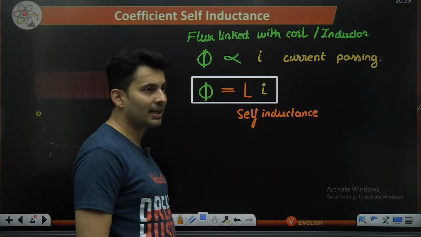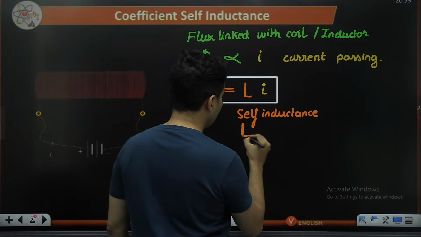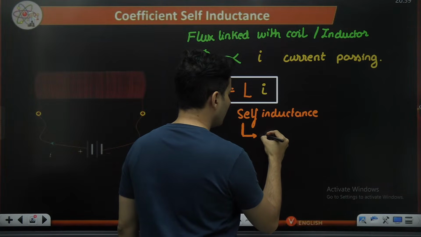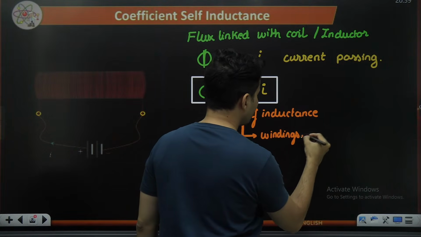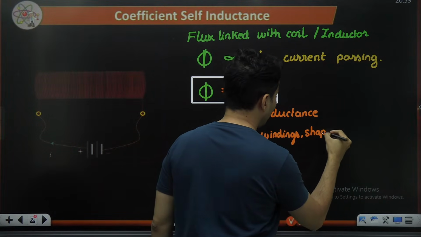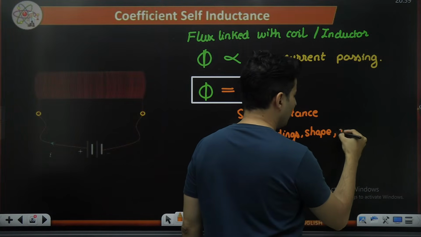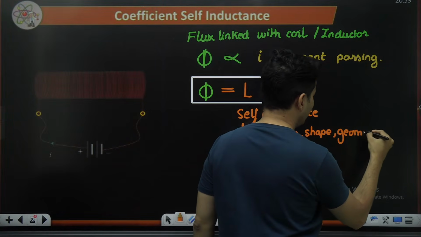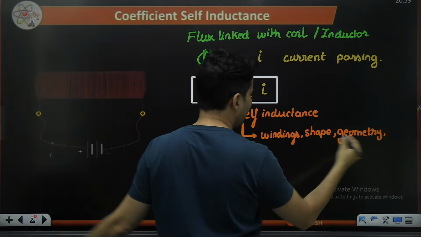It depends on the windings, how many windings are there, what is the shape, whether it is a circle, ellipse, or a square coil. Also the geometry of it, what is the length of it, what's the area of it, and sometimes also you might put some material inside it.